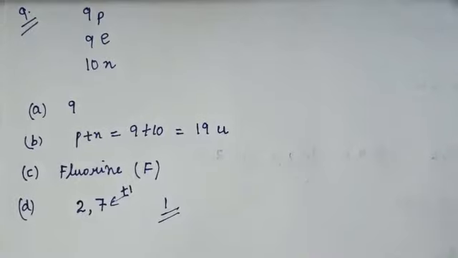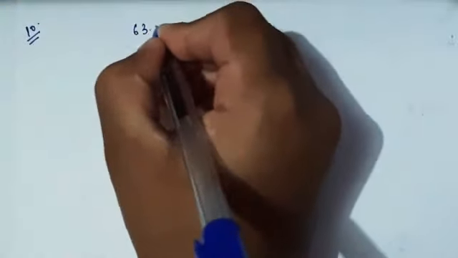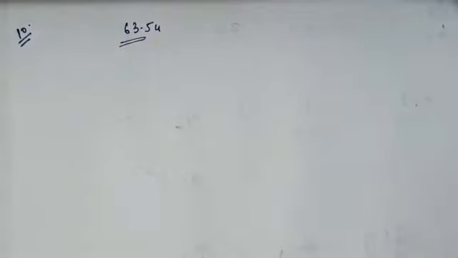Coming to question number 10. The relative atomic mass of copper is given 63.5 u. Now this copper exists in 2 isotopes, 63Cu29 and 65Cu29. You have to calculate the percentage of these 2 isotopes.